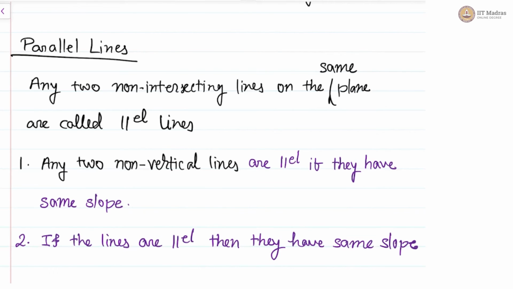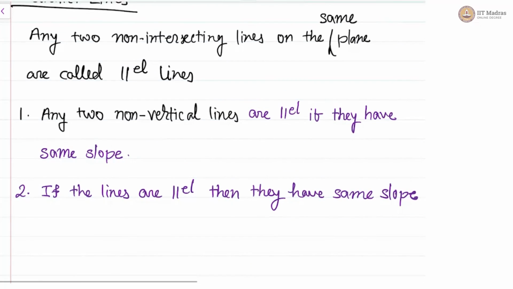Naturally, because the inclination or the ratio of rise to run is the same, they cannot intersect, and therefore they are parallel. If they are parallel, that implies their ratio of vertical change to horizontal change is the same. Okay, now this covers the case.